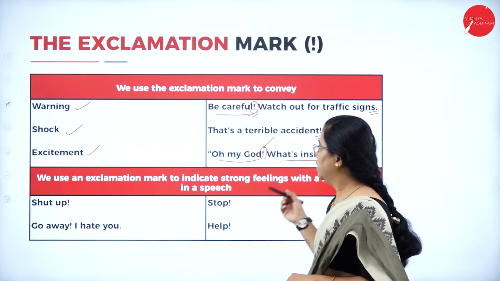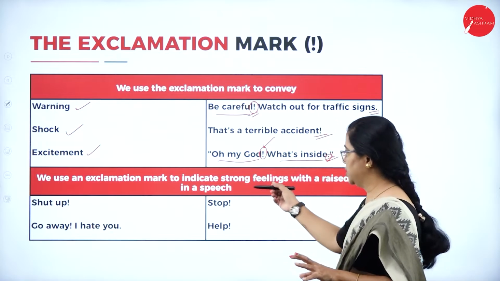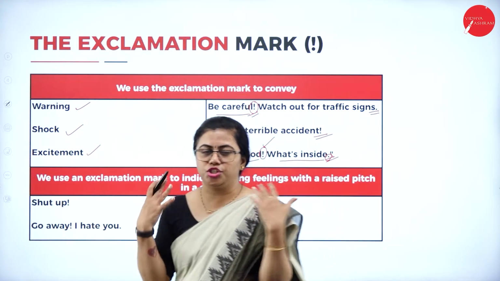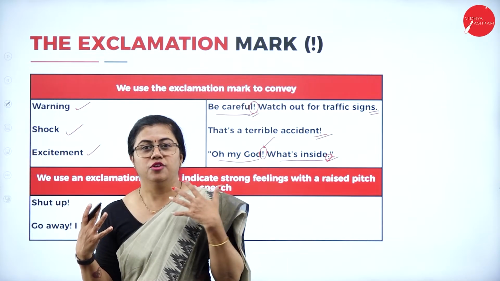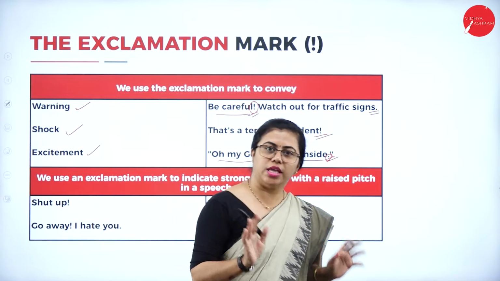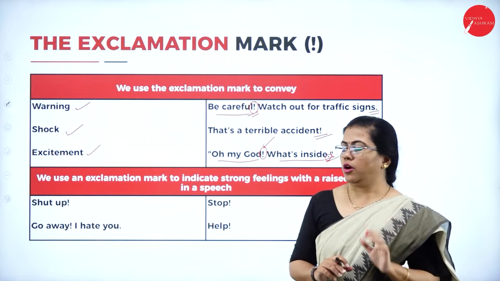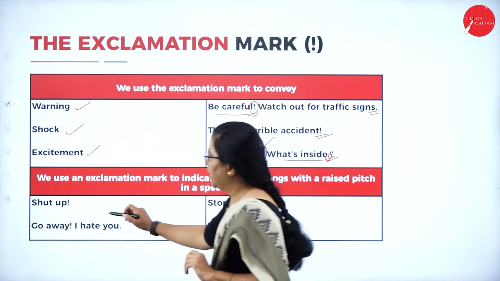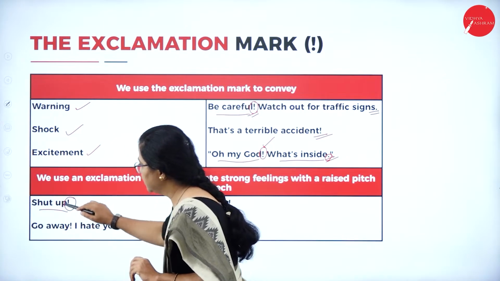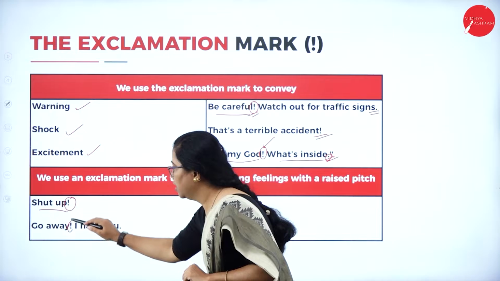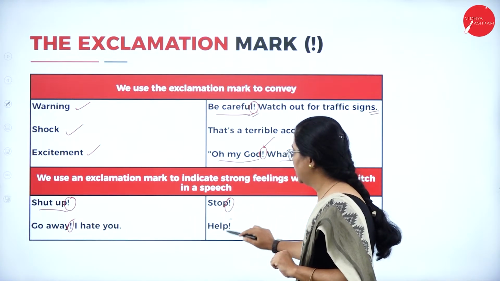We also use this exclamation mark to indicate strong feelings. Whenever we shout with anger or frustration or anything like that, then also we use this exclamation mark. While speaking you will not have anything, but while you write it, that is the time you write this exclamation mark. Shut up! Go away! Stop! Help!